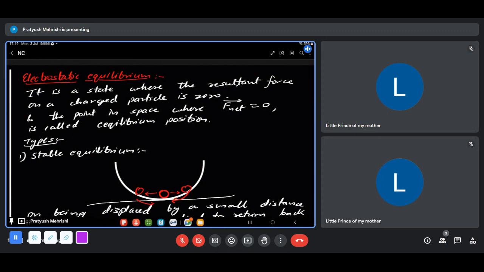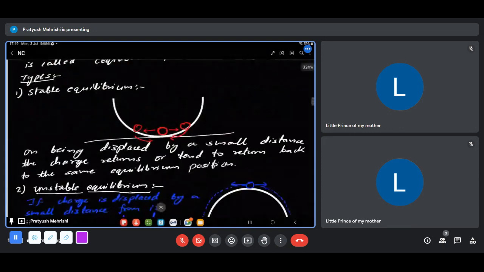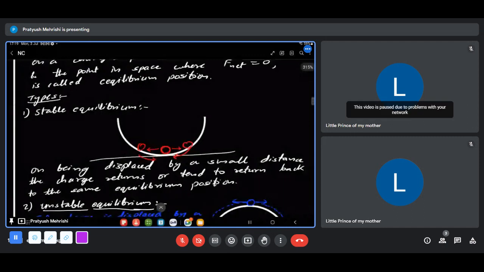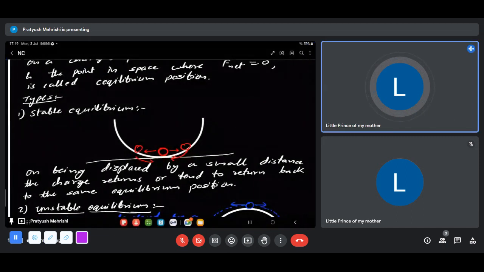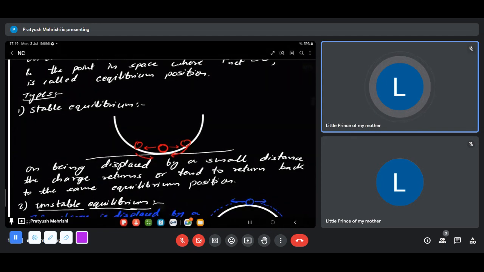Whenever such an equilibrium is there that the particle does not leave its position but comes back to its original position, that is called a stable equilibrium. Understood this? Yes, sir. Understood, sir.